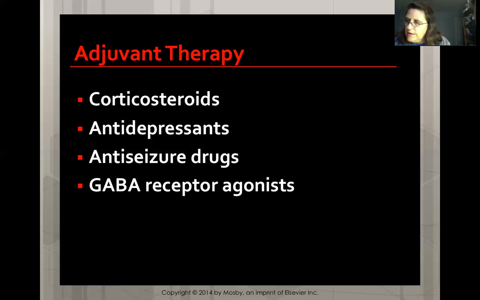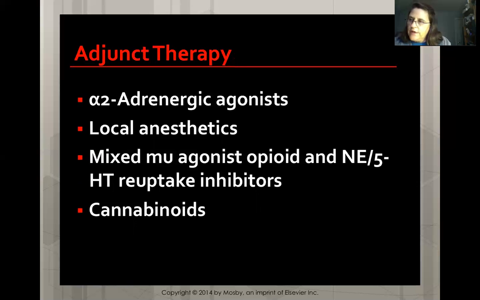Lyrica is one. I think there's TV commercials for Lyrica. And then GABA receptors are another drug that we can use. These are used in combination with opioids. We can also use alpha adrenergic agonists. We can use local anesthetics. We can use the mixed mu agonists.